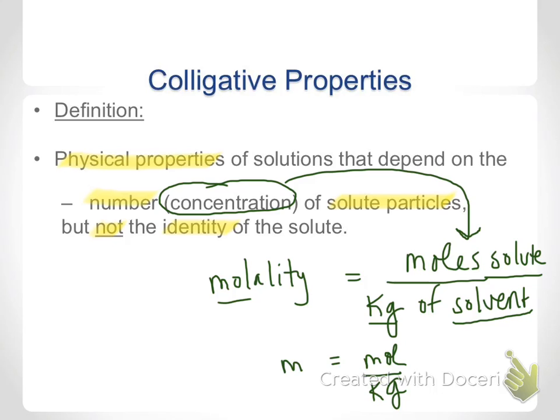We're going to talk some more about molality in a while, but for colligative properties, the concentration unit is not molar, but molal. If I'm going too fast, feel free to pause here as we're moving along.